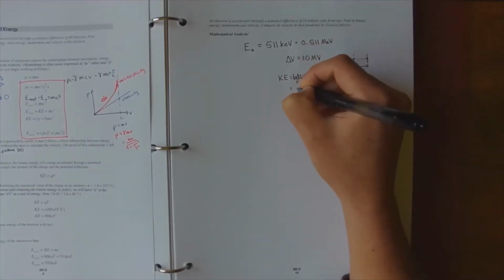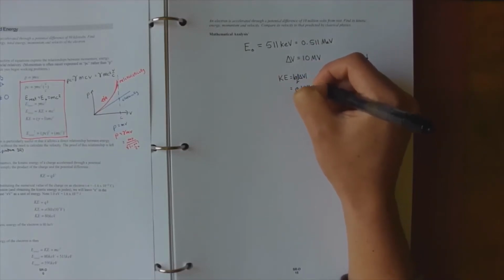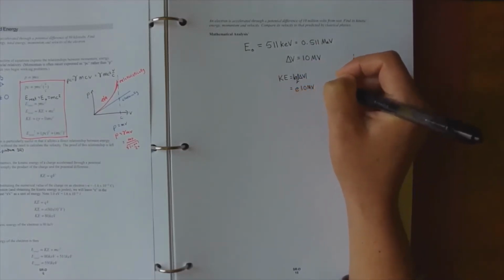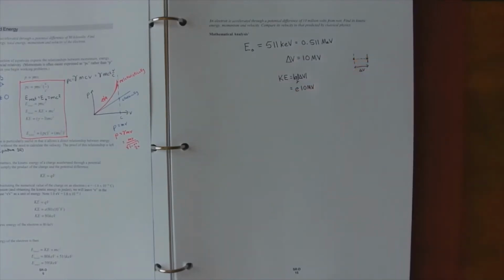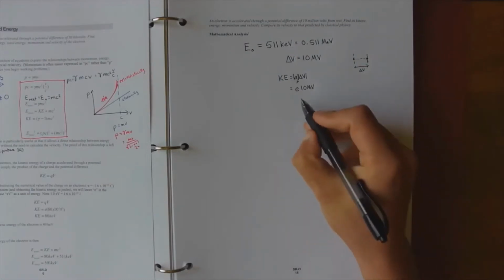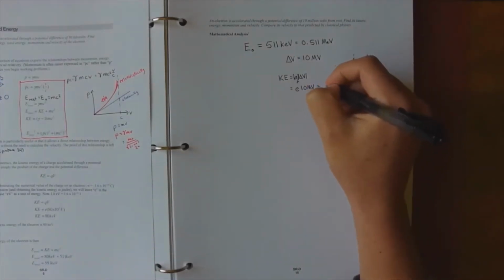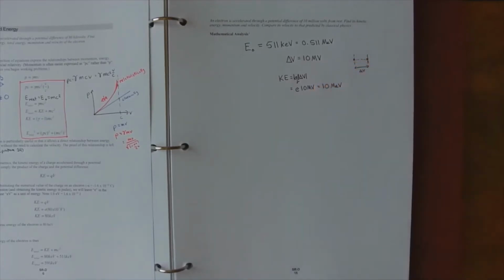So this would be E times 10 megavolts. But instead of actually putting in 1.602 times 10 to the negative 19th coulombs for the charge, we're just going to leave it as E, and that's going to give us 10 mega electron volts.